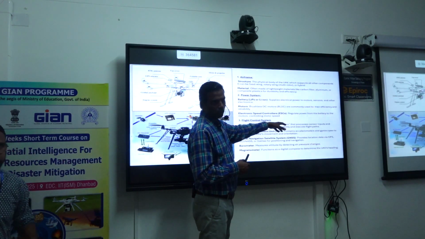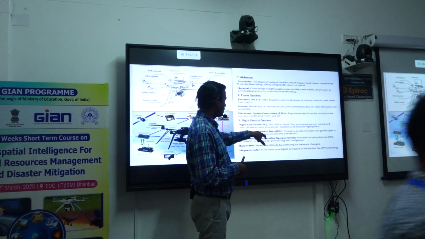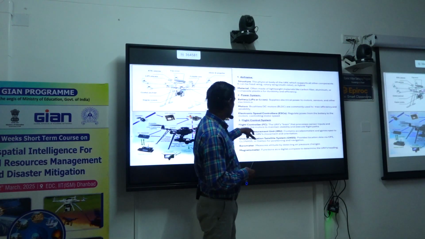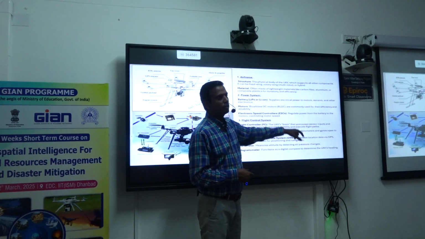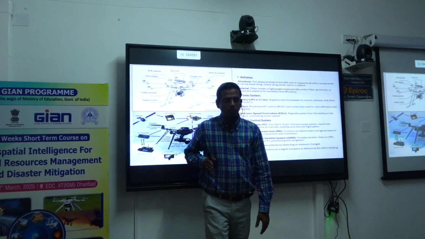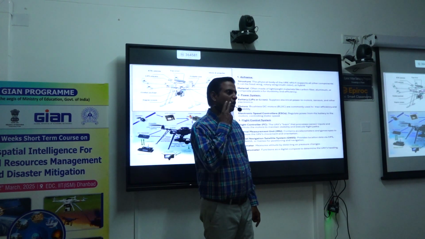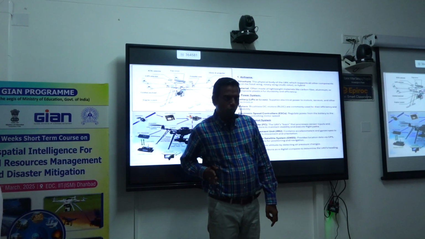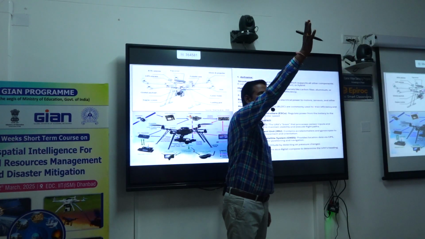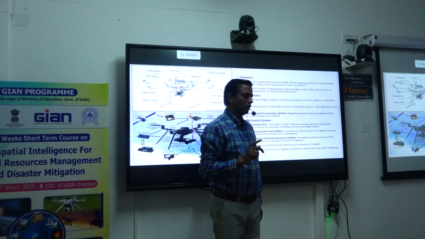And the flight controller, it is the brain. The flight controller is the brain that processes the sensor inputs and controls the motors to maintain stability and execute the flight paths. It means if I give proper control to the UAV, you move in this direction and again you move in this direction to cover the whole area.